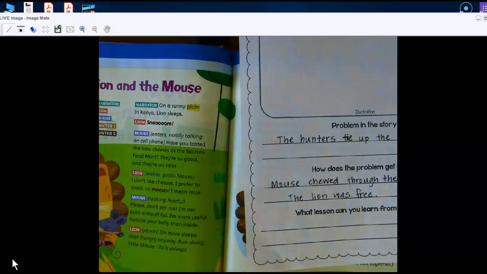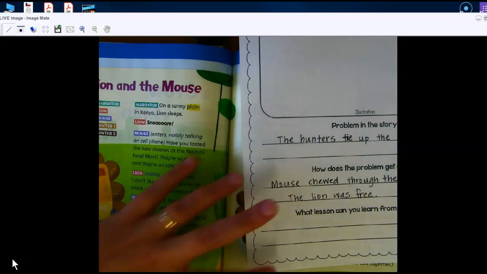That a friend is better than a meal. Well, not a meal, because we don't eat people. So a friend is better than, what do you think, Gracie? An enemy. So you could say a friend is better than an enemy, or it's better to be kind than to be mean. I think that's better.